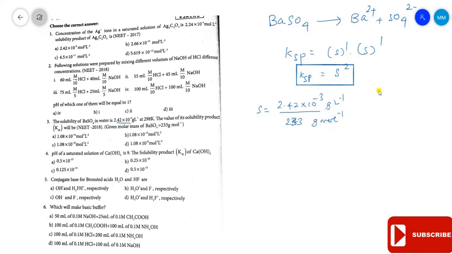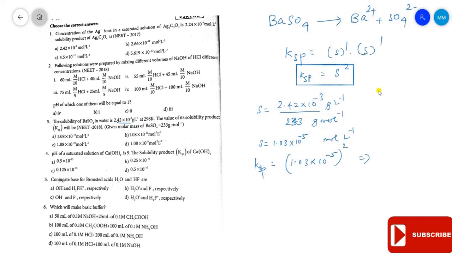The mole inverse will be mole and liter inverse. And this is approximately 1.03 into 10 power minus 5. Therefore, the Ksp is equal to 1.03 into 10 power minus 5 whole square.